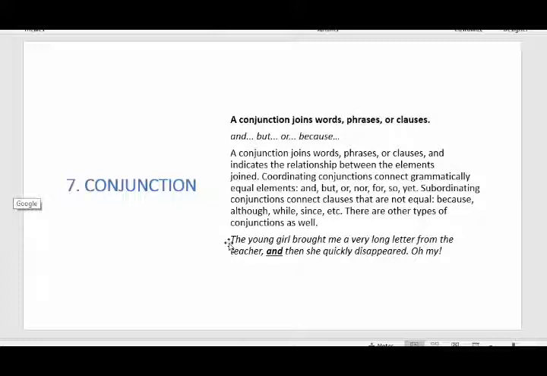In the example sentence that we have, the young girl brought me a very long letter from the teacher, and then she quickly disappeared. In this sentence, the word and is a conjunction because it is joining a sentence with the next one.